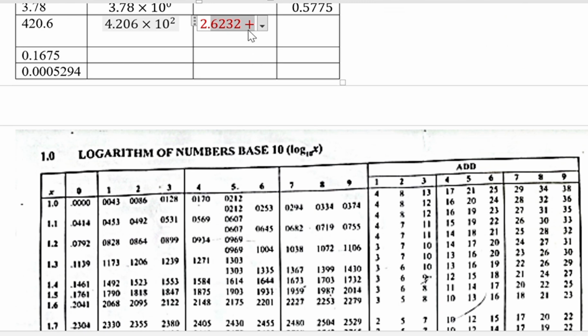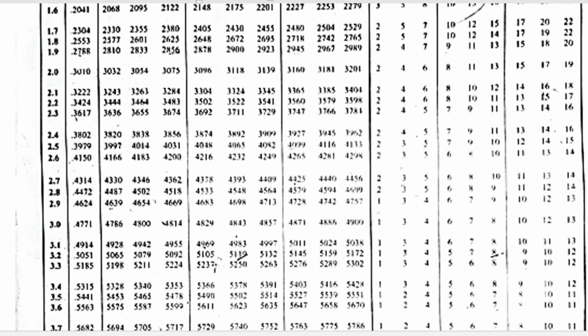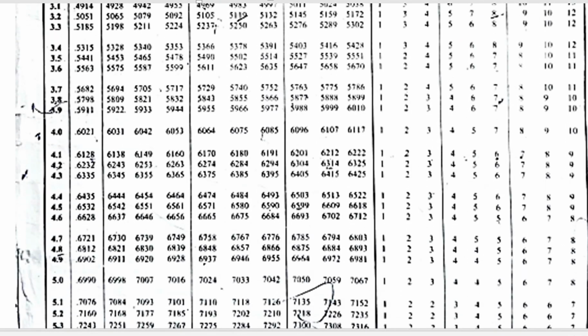And then we add. We normally add when we have the fourth digit that we are looking for in the logarithm table. So we have this 6, which we have to look for here. So we have the 6 is this one. We move downward so that we get to the position where it corresponds to 4.2. 4.2 is here. Then this is column 1, 2, 3, 4, 5, 6. So the number is 6.